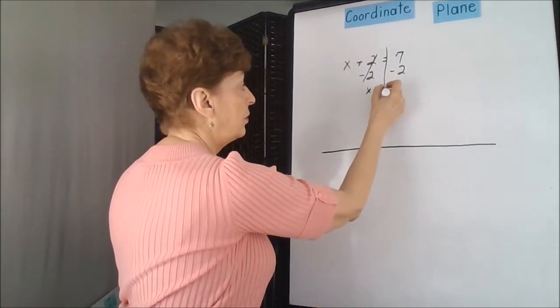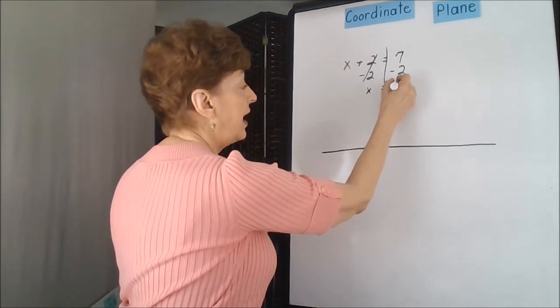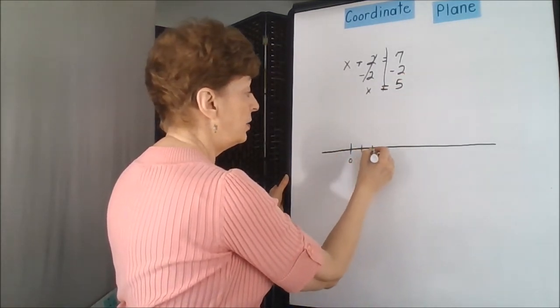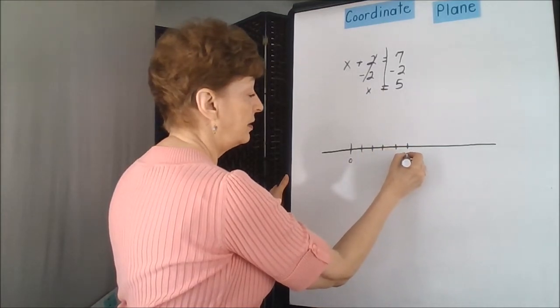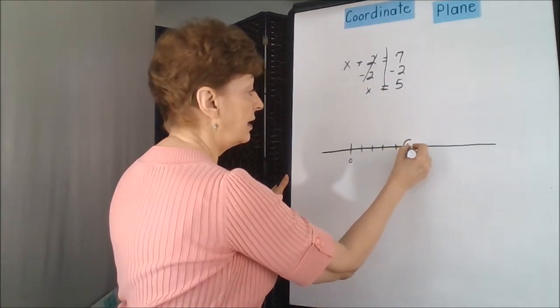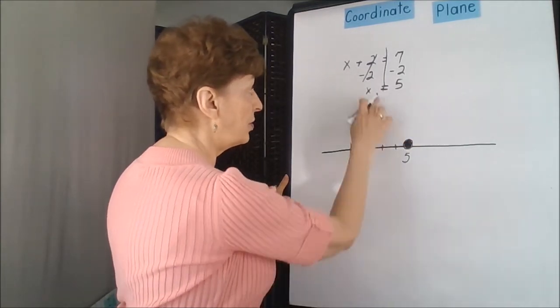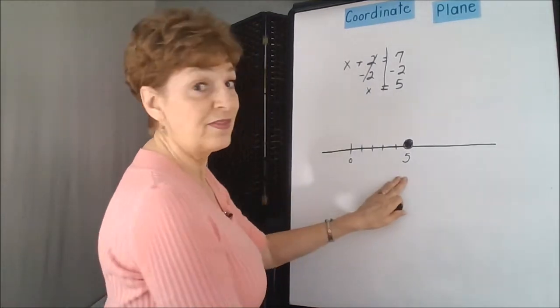X would equal 5. So on our number line, 1, 2, 3, 4, 5, we would circle that answer and color in our circle, because the answer to this equation is 5.